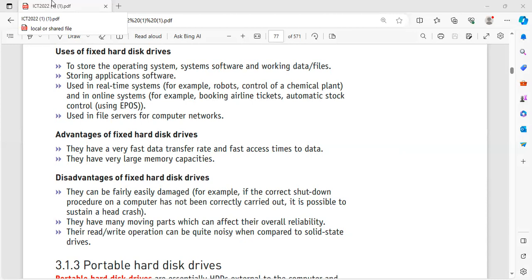So what is the last point for the users? Which one is used in a file server for a computer?